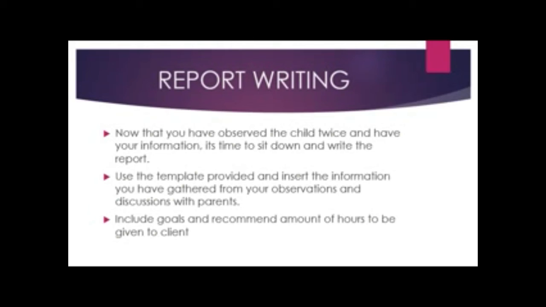Typically, it's 8 hours, but there are some that have more hours. So with 8 hours, it is possible to do 2 observations and write the report. If your first observation is 2 hours, which it typically will be, and your second observation is an hour and a half or another 2 hours, which again typically will be, that still leaves you 4 to 4.5 hours to write the report.